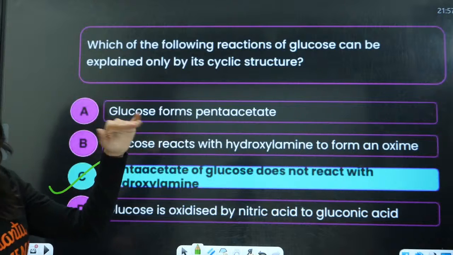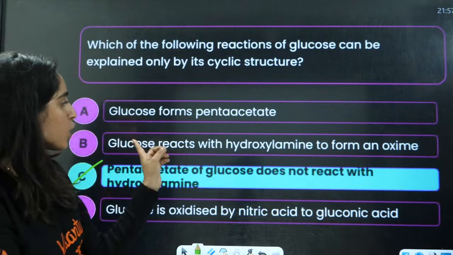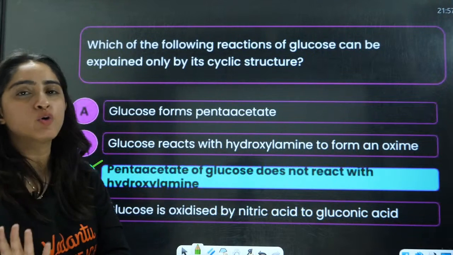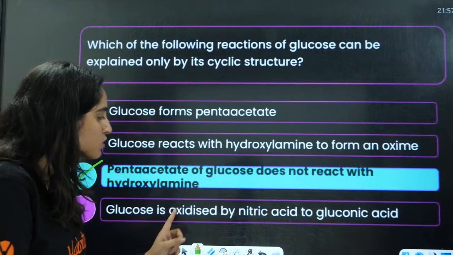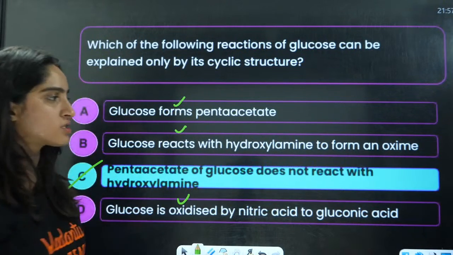Glucose forming a pentaacetate, reacting with hydroxylamine to form an oxime, and oxidation by nitric acid are all explained by the open chain structure.